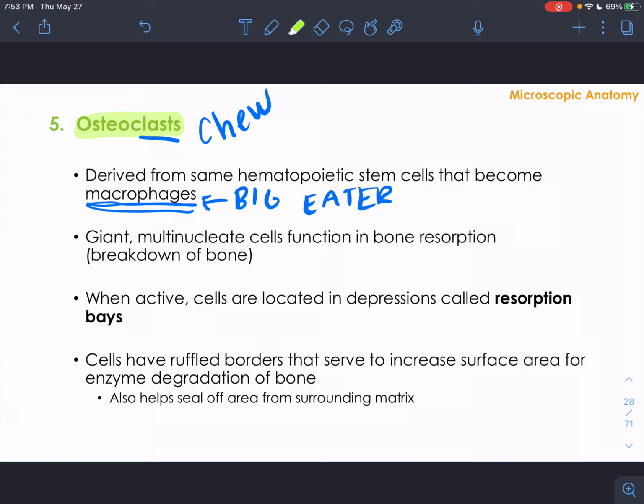They're giant multinucleate cells. They function in bone resorption, which is just the breakdown of bone. When they're active, they're in little depressions in the bone called resorption bays. They have ruffled borders that increase surface area to help degrade the bone faster with enzymes. It also helps seal off the area from the surrounding matrix so they can eat a specific part of the bone and aren't just eating the whole thing.